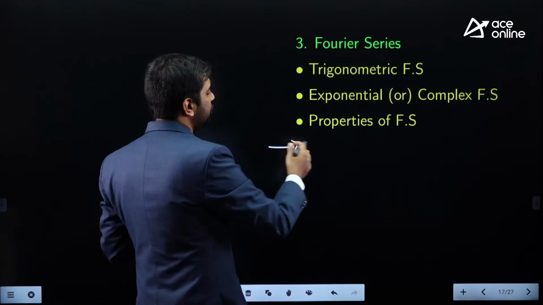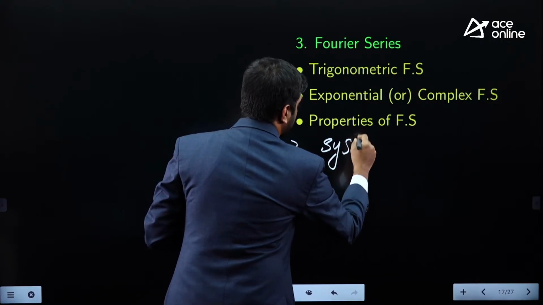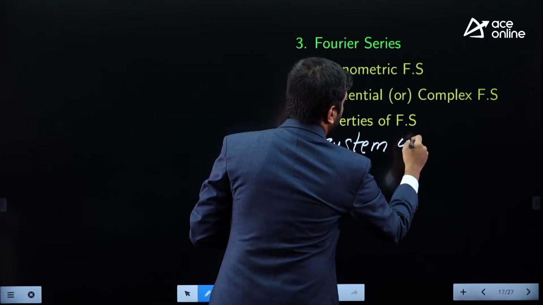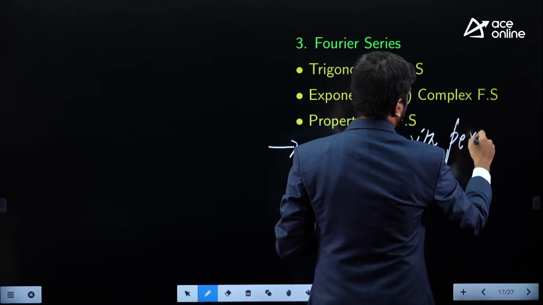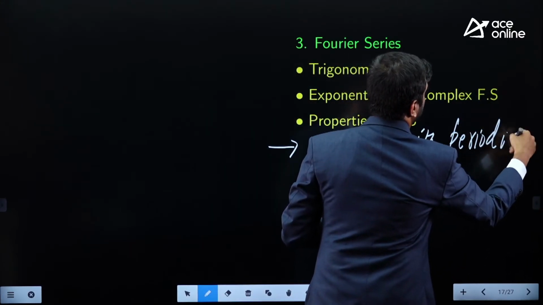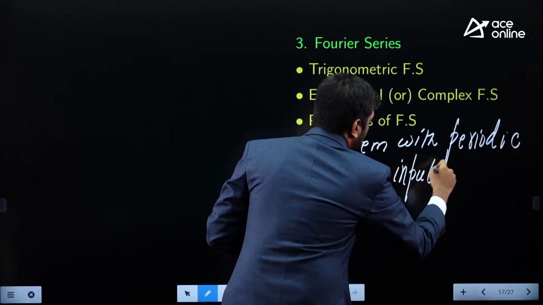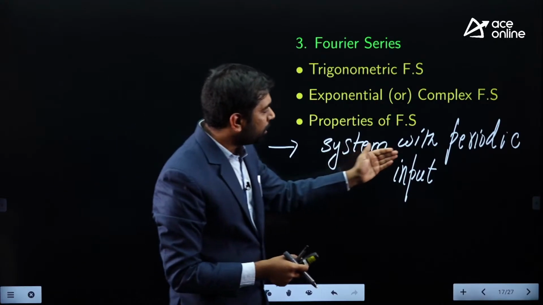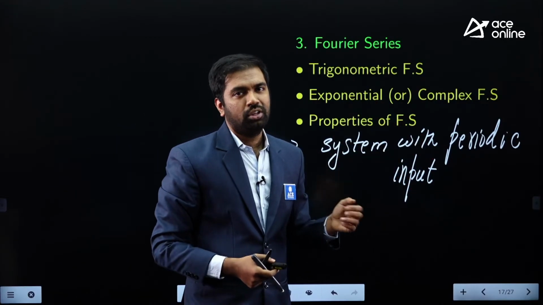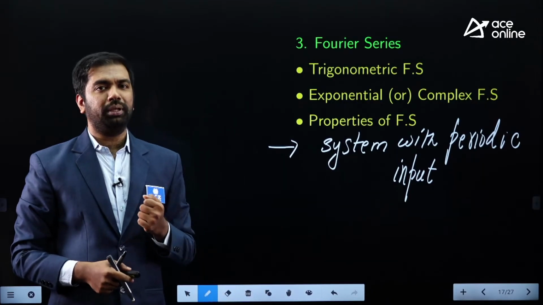So I'll write systems with periodic input. How do you find the output response of a system whose input is a periodic signal? This is what you are supposed to cover in this Fourier series topic.